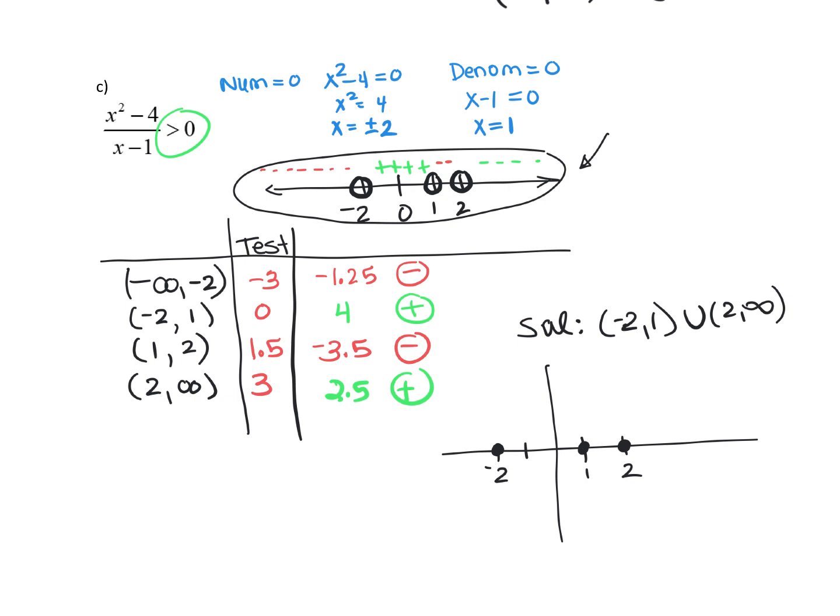So this was going to be negative. This was also going to be negative. This was going to be positive, and this was going to be positive. So as long as you go through those 0 points and you're above the x-axis when the inequality is greater than 0 and below the x-axis when it's less than 0, you should be able to make a quick sketch.